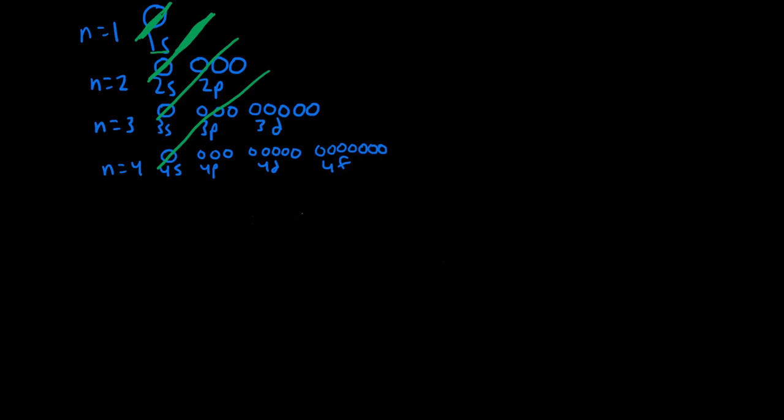So for our next example, we're going to use the element magnesium. And when we look on the periodic table, we see that magnesium has 12 electrons. And so we're going to write out the electron configuration. So we start with that 1s2, up arrow, and then down arrow. 2s2, up arrow, down arrow.